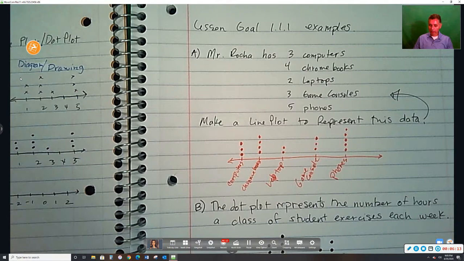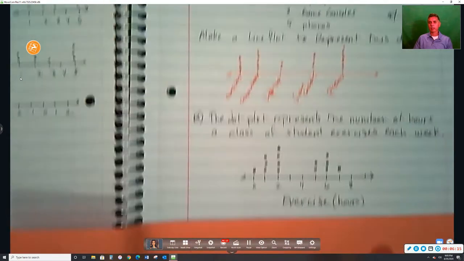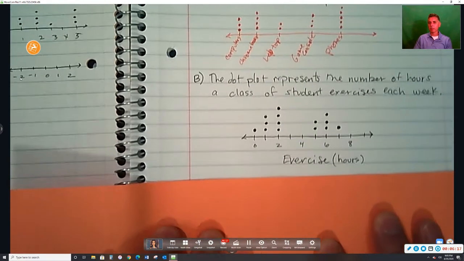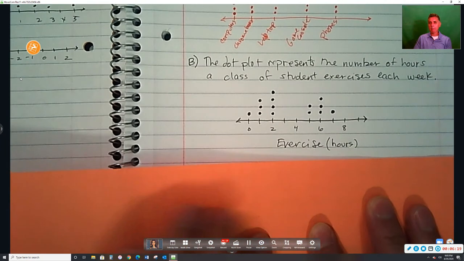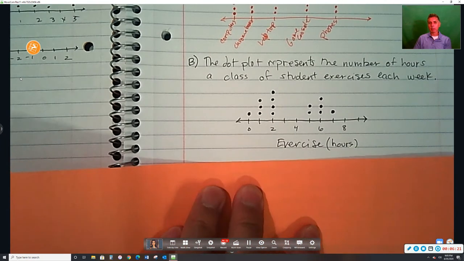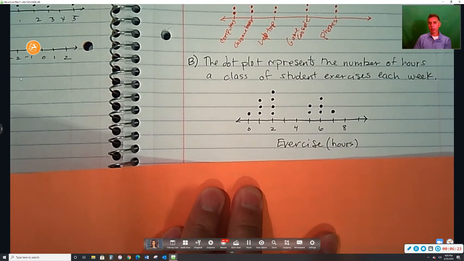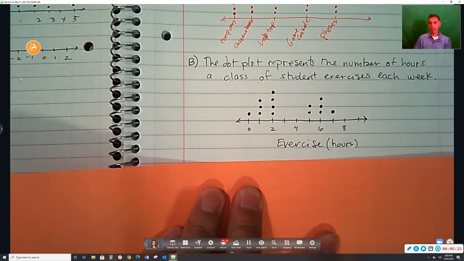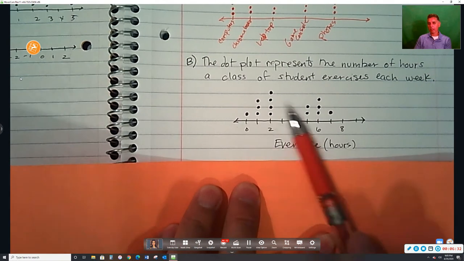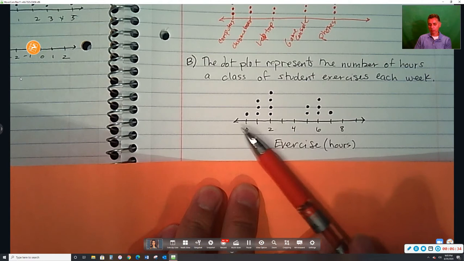And then the next example, if you need time, pause it and then copy it. The next example says the dot plot represents the number of hours a class of students exercises each week. So all of these dots represent students. One student exercised 0 hours per week. No bueno.